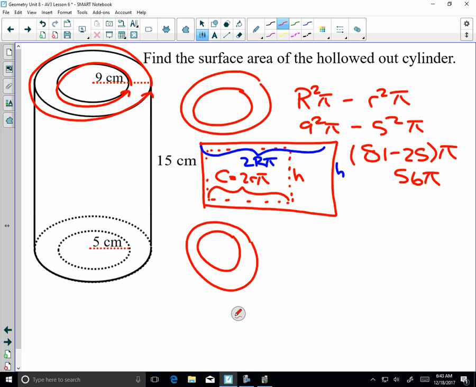Now we need to work into our 2 rectangles. We've got our outer rectangle, 2 times 9 times pi, and don't forget our height. We've got our height of 15. And then we have the small rectangle, 2 times 5 times pi times the height.